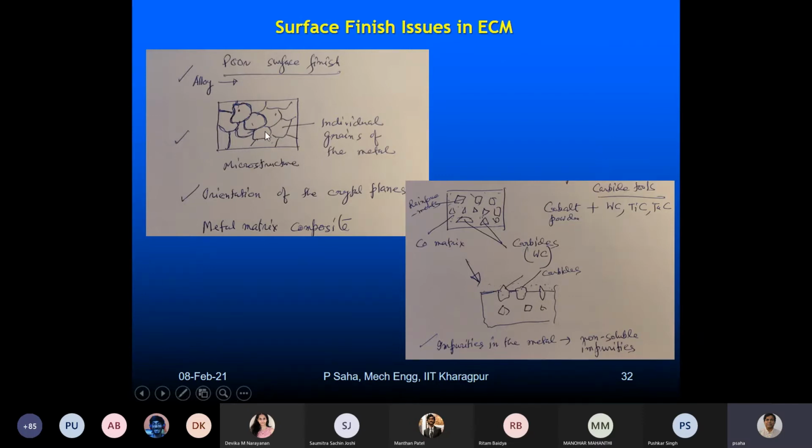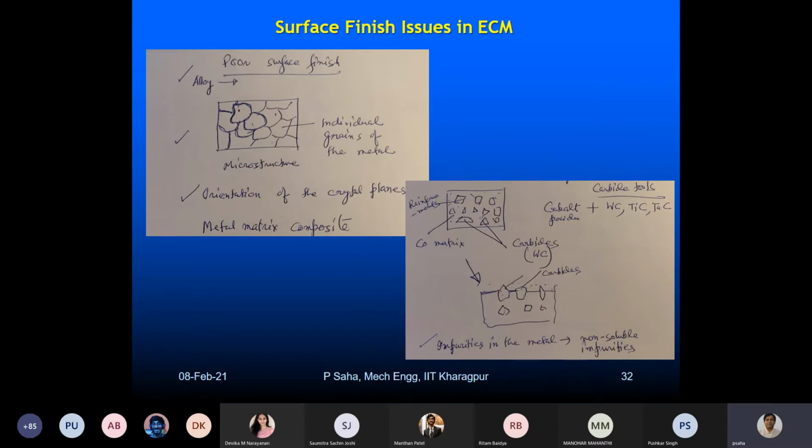Another factor may be the orientation of the crystal planes, because the metal can solidify with different crystal planes, say 111 planes, 100 planes, something like that.